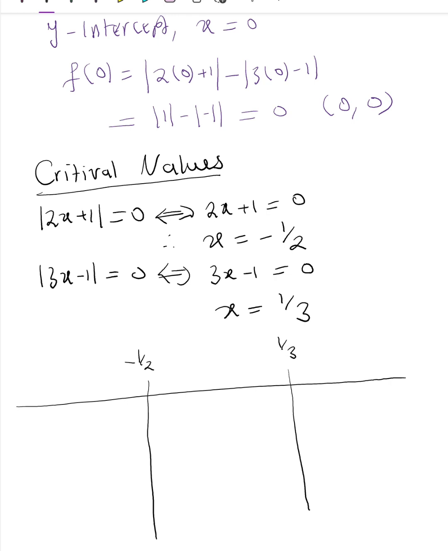On the right side, I have all the values of x that are greater than or equal to 1 over 3. And here I have values that are between negative half, less than or equal to x, and this is less than 1 over 3. And here I have values of x that are less than negative half.